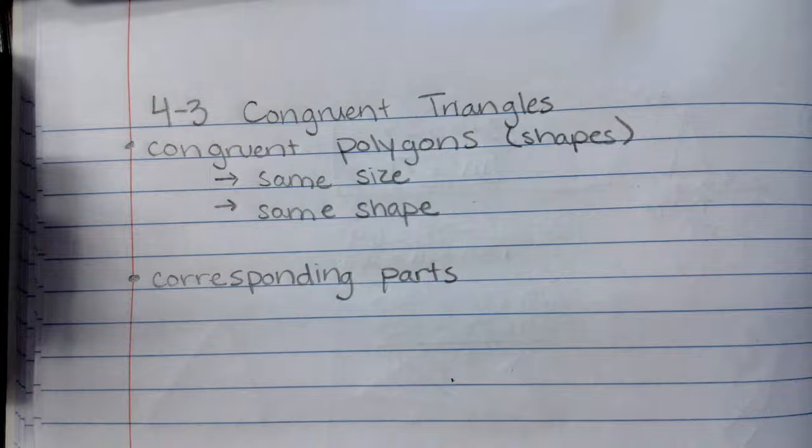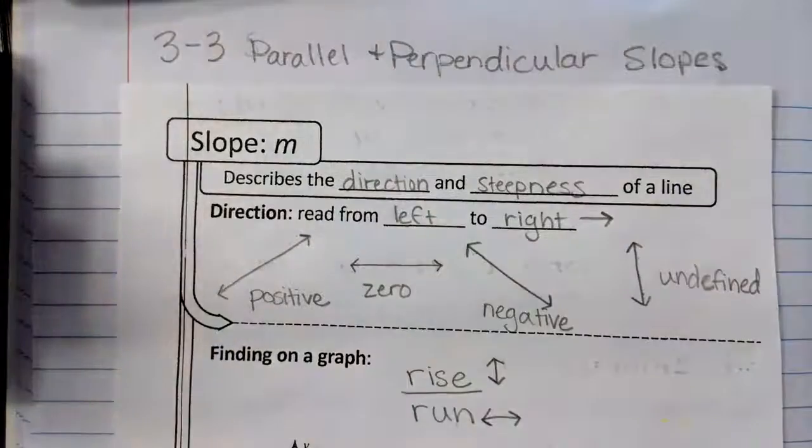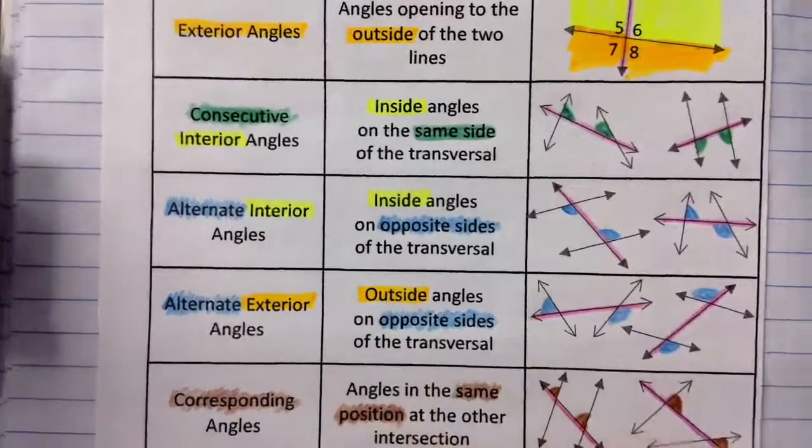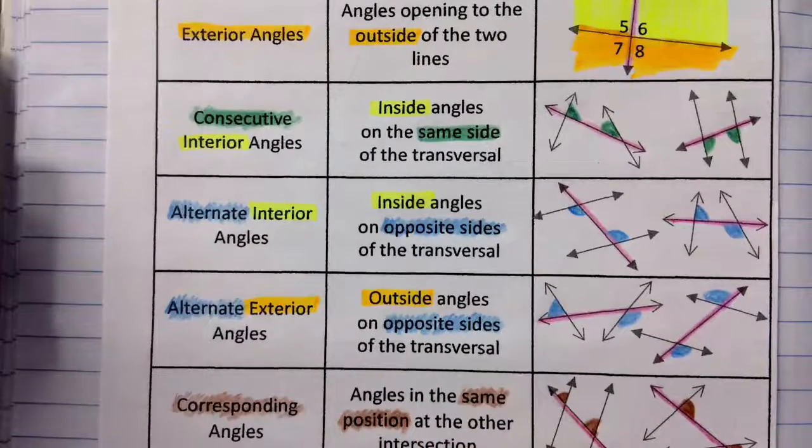How did you describe where two angles were if they were corresponding? Look back if you need to. Yeah, it's where it's the same position. So corresponding means it's in the same spot, in the same position.